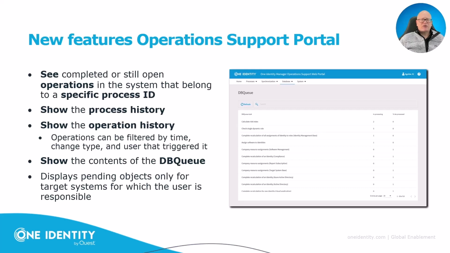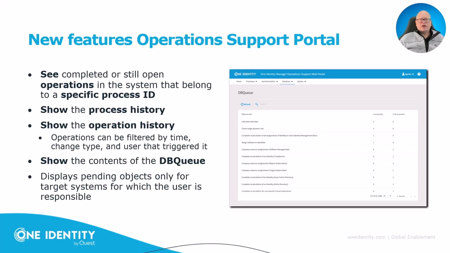You initiated something, but then the system initiated the next, and then the next. It is possible to follow all of these processes by looking at a process ID, because the process ID for all of these triggered things is at the end the same. However, in the operations support portal, you are now able to filter for a specific process ID and get all the information depending on one specific original data action.